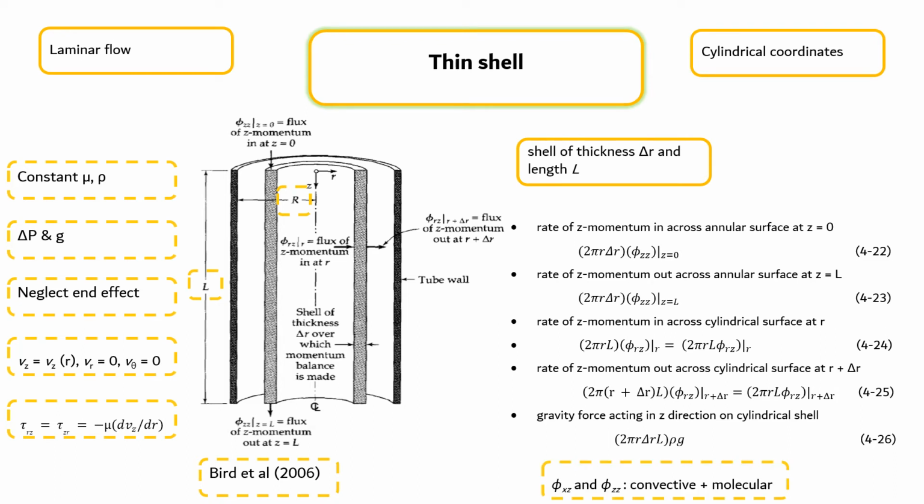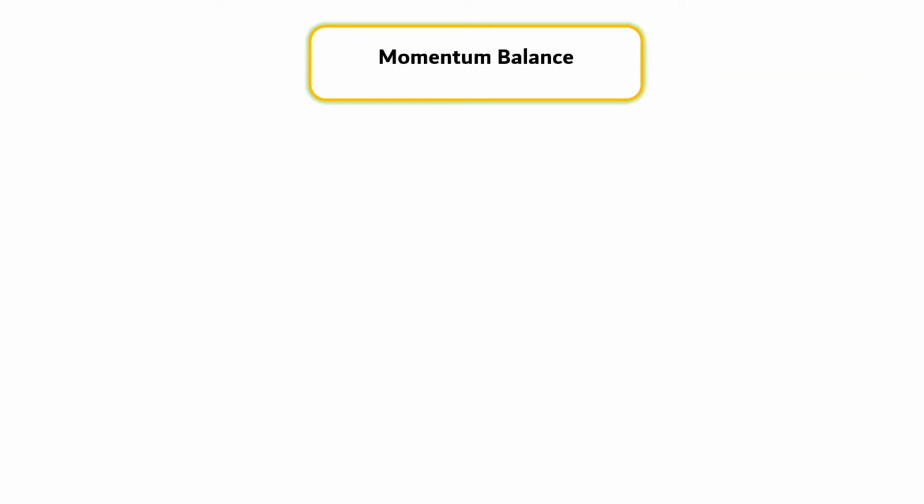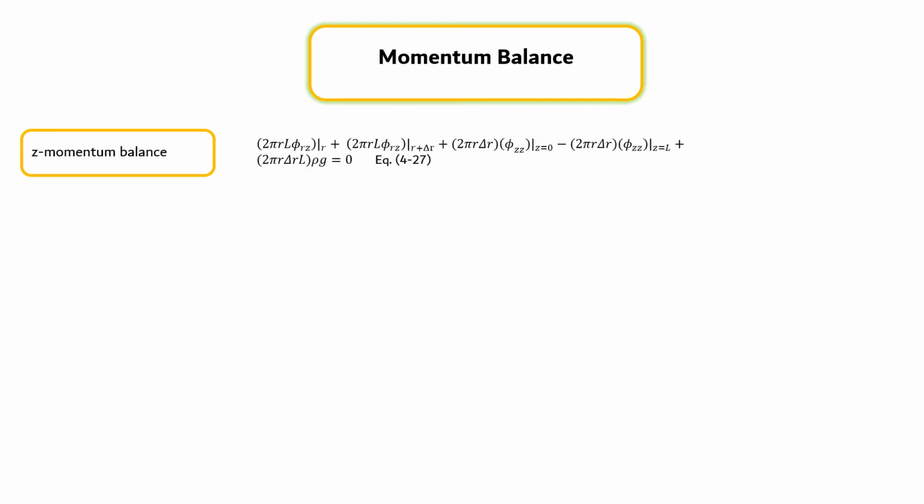The quantities φrz and φzz account for the momentum transport by all possible mechanisms, convective and molecular. Substituting the terms in equations 4.2-2 to 4.2-6 into the momentum balance of equation 4.1 results in equation 4.2-7.